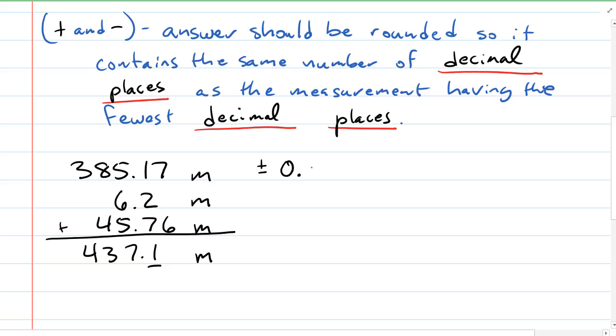It could be 6 to 8, but we'd represent it as plus or minus 0.01, right? For the second measurement, we'd represent it as plus or minus 0.1, and for the last one, we'd assume plus or minus 0.01.